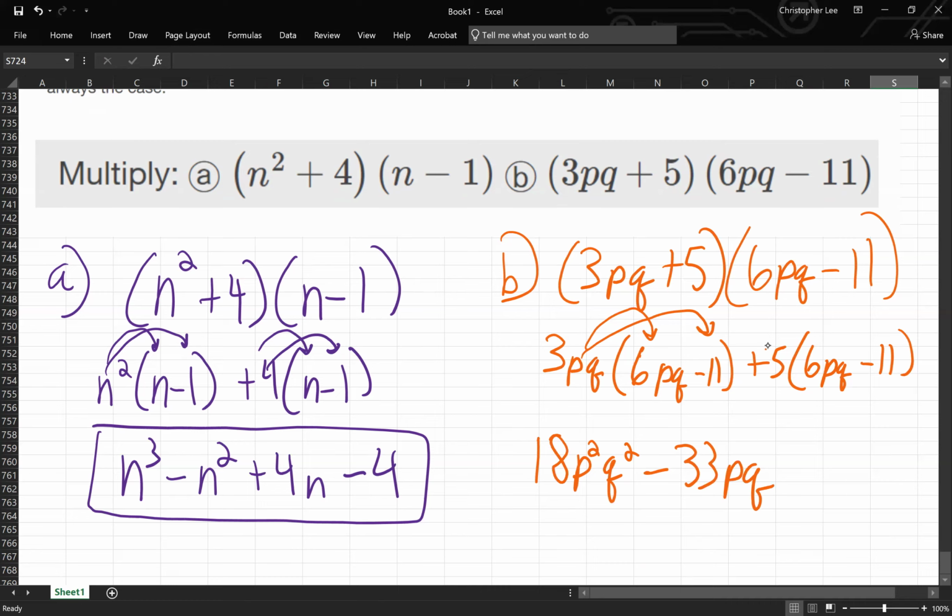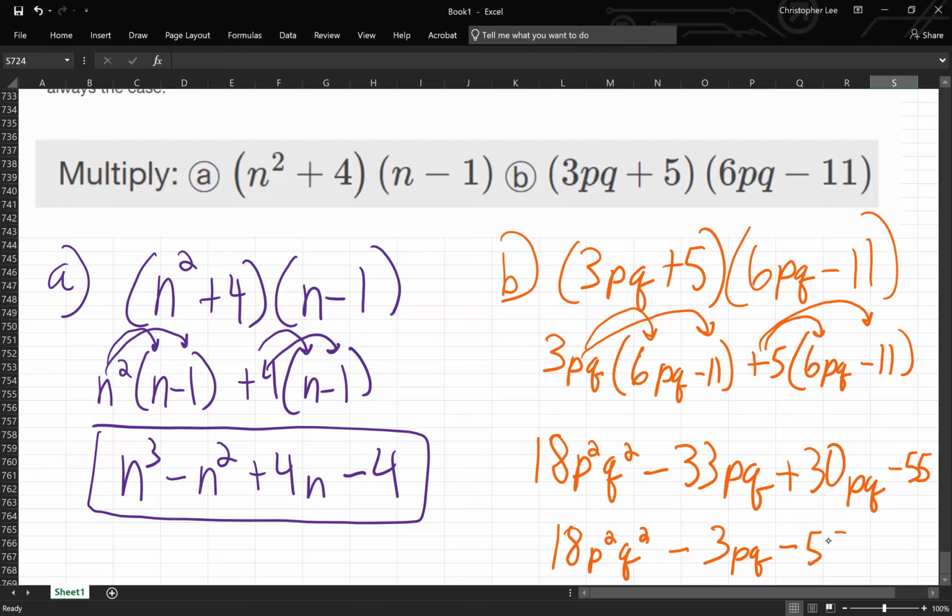Then we have positive 5 times 6, this is plus 30pq. And then positive 5 times negative 11 is negative 55. I have negative 33pq, positive 30pq, combine like terms. I get 18 p squared q squared minus 3pq minus 55. And that's it.